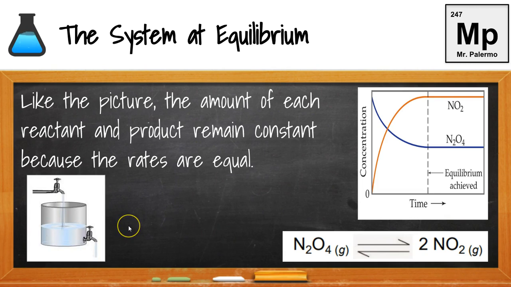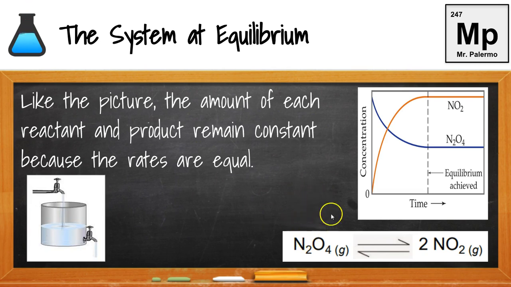So let's also look at what else happens at equilibrium. Well, if you look at this picture here, if I'm pouring water in at the same rate at which the water is leaving, then the concentration of water, this level here, is not going to change. Because as it pours out, it's also pouring in. So like the picture, at equilibrium, the concentration remains constant because the rates are equal.